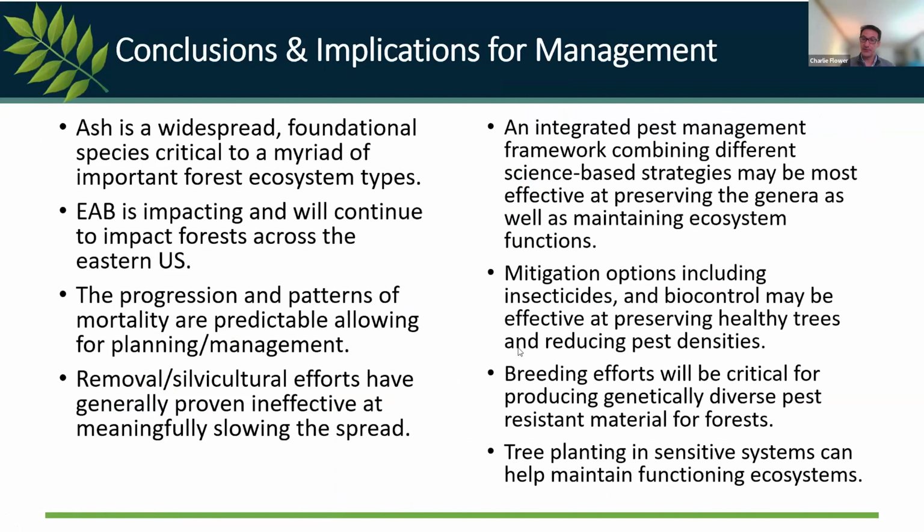Integrated pest management frameworks combining different science-based strategies may be most effective at preserving the genera as well as maintaining ecosystem function. Certainly, the myriad of mitigation options, including insecticides, biocontrol, and effective breeding, is going to be really significant in this. And then tree planting, obviously, in sensitive ecosystems can help maintain function following the decline.